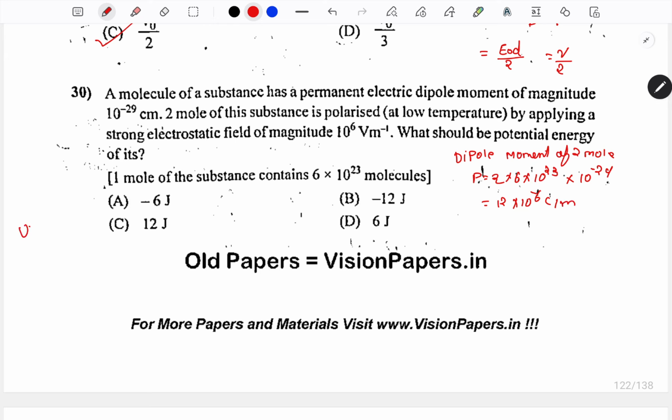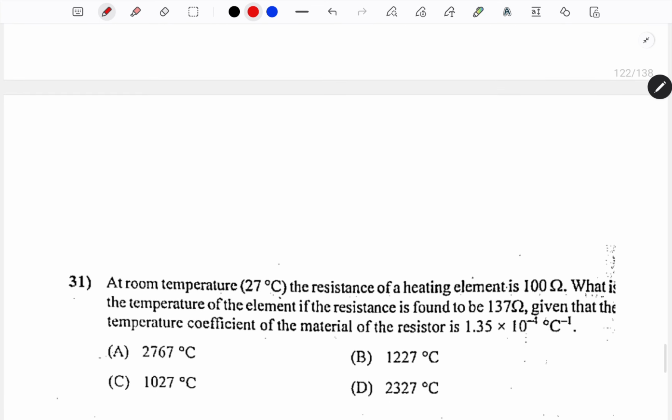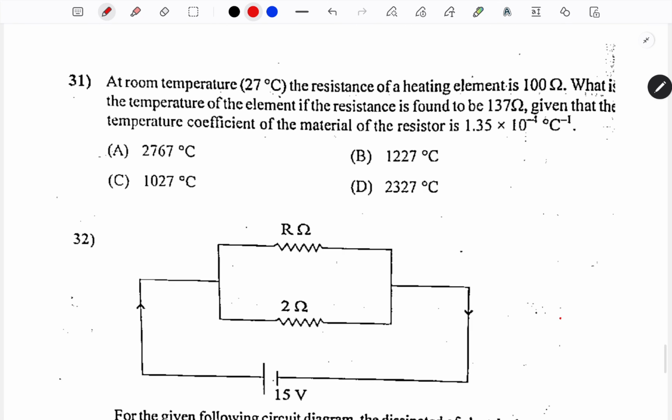And potential energy U is equal to minus PE cos theta, and theta is 0 degree because it is in the direction of the electric field. So the answer will be minus 12 into 10 to the power minus 6 multiplied by 10 to the power 6 into cos 0, and cos 0 is 1. So the answer will be minus 12 joule. B. Next question.